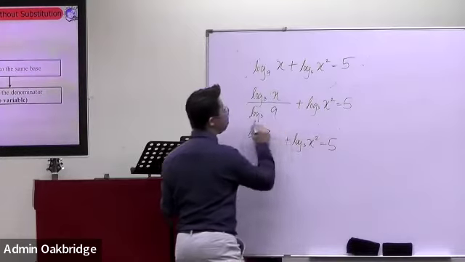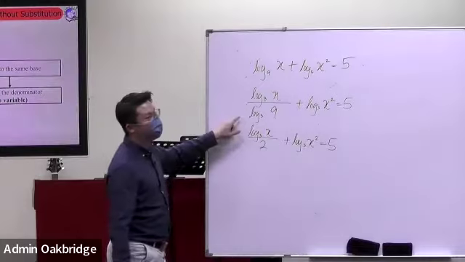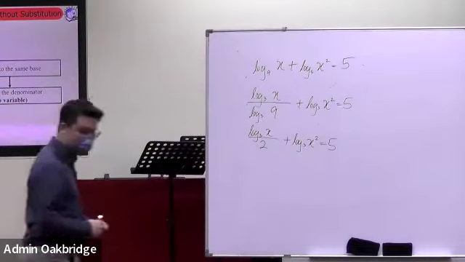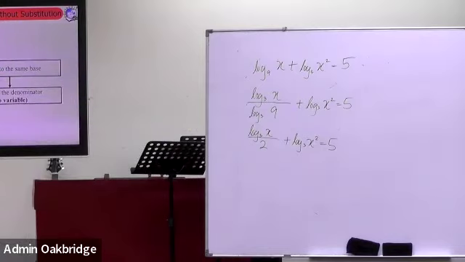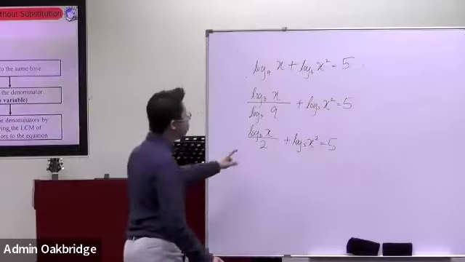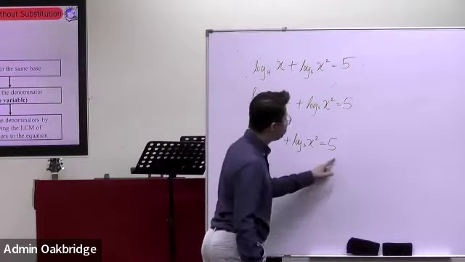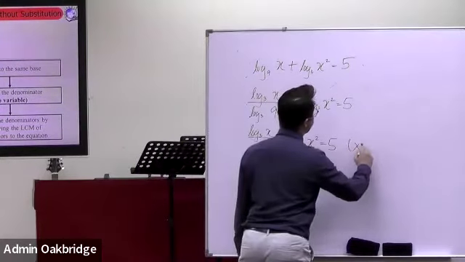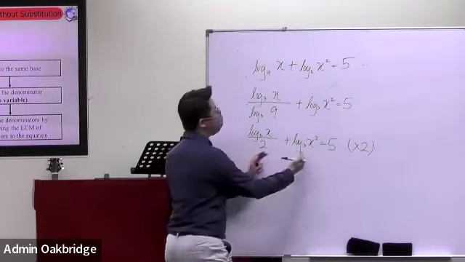In case you don't know how to simplify this, just use your calculator. Key in this one, you will get 2. Then we have a denominator here, right? So what should we do? Remove the denominators by multiplying the LCM of denominators to the equation. Here we only have one denominator, so just multiply this equation by 2. Each term you need to times 2.